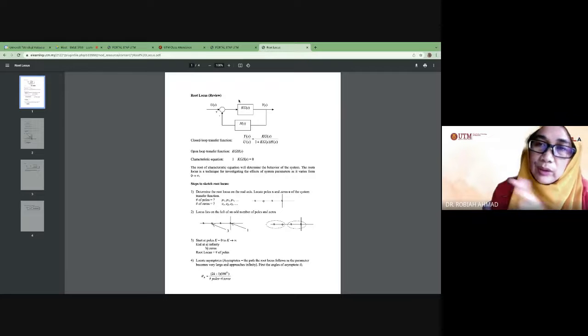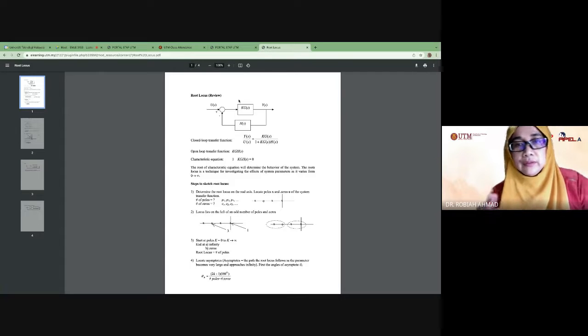Just now I only did the concept: the starting point, why it starts at the poles, why it ends at the zeros and so on, so that you understand the concept of root locus. And to do that, you have to find the open loop transfer function, get the characteristic equation, and so forth.